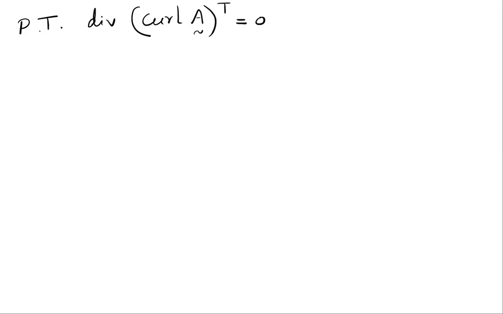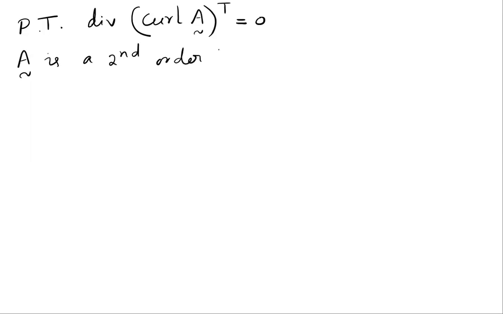Okay, now we have to prove, so PT means prove that divergence of curl A transpose equals 0. Okay, now what is our A? Our A is a second order tensor.